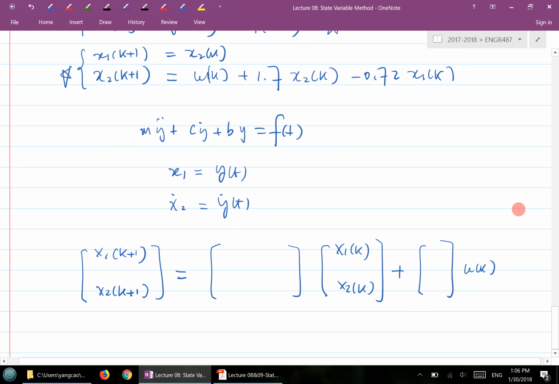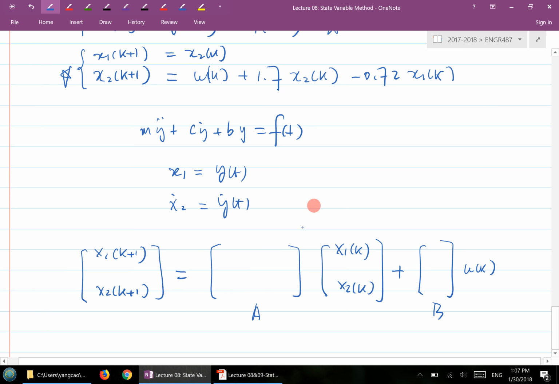So this is a single input, single output system right here. Here is the difference equation for the two state variables, and here is how I want to put it into the linear model format. Here is the A matrix, and this is the B matrix. Let's look at the A matrix based on the two equations.